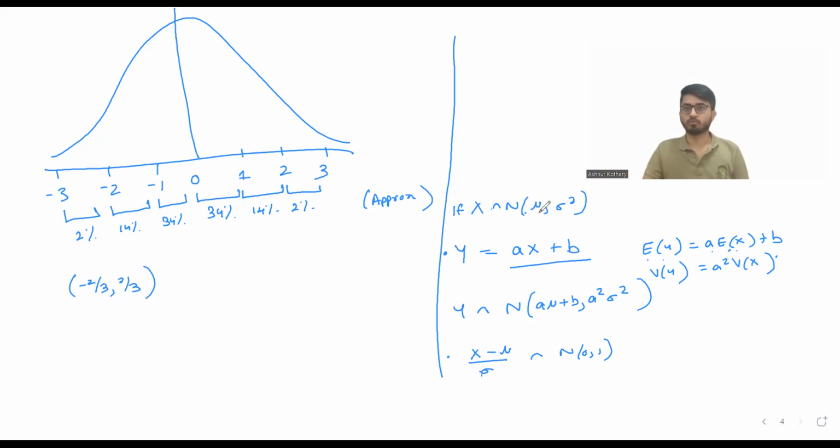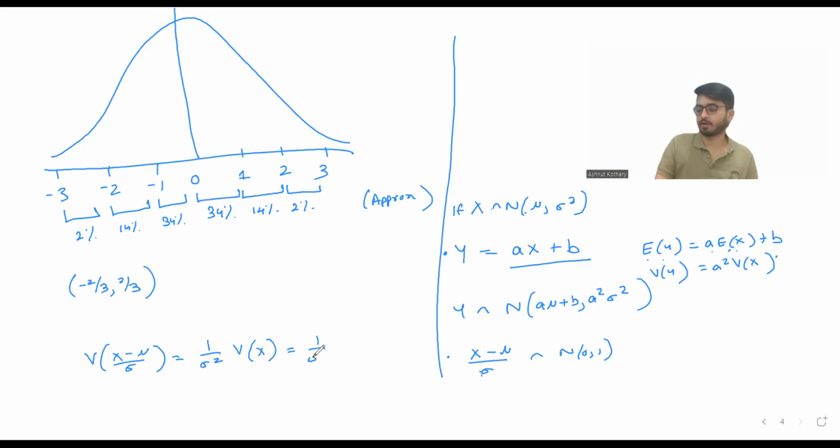Expectation X is nothing but mu, so the mean comes out to be 0. Variance: this will be 1 by sigma square into variance of X, which is sigma square, so it is nothing but 1. So clearly the mean of this is 0 and the variance of this is 1, which corresponds to a standard normal distribution.